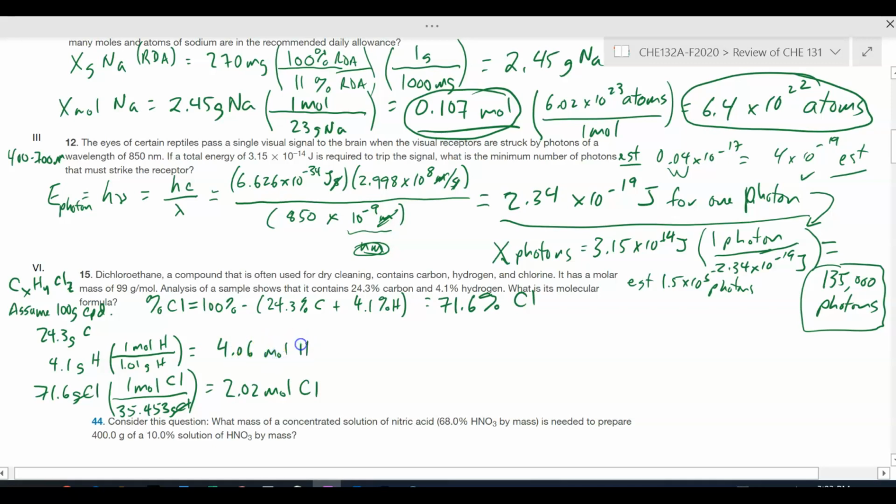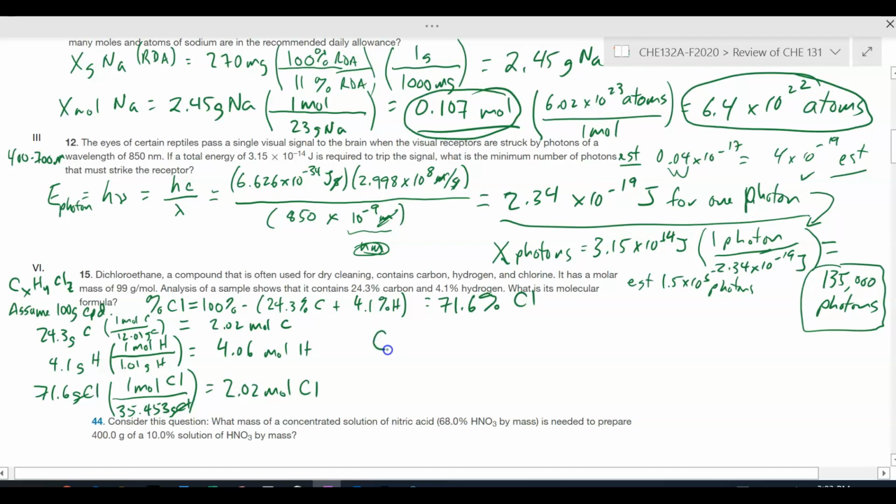And then carbon. I'm going to say 1 mole of carbon is 12.01 grams, again getting that from the periodic table. So that's 24.3 divided by 12.01, which comes out to 2.02 moles of carbon.